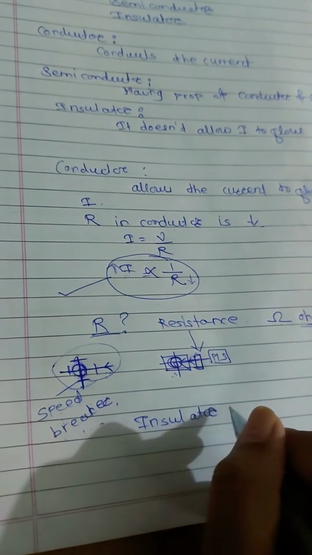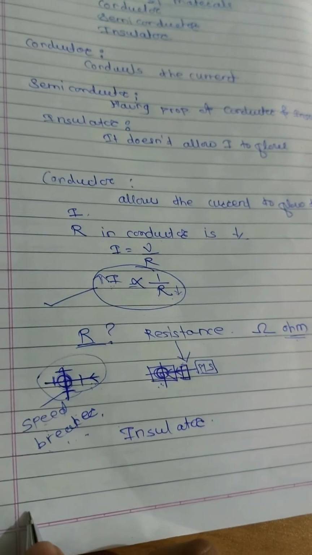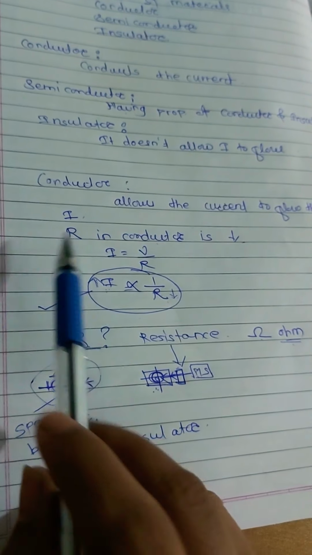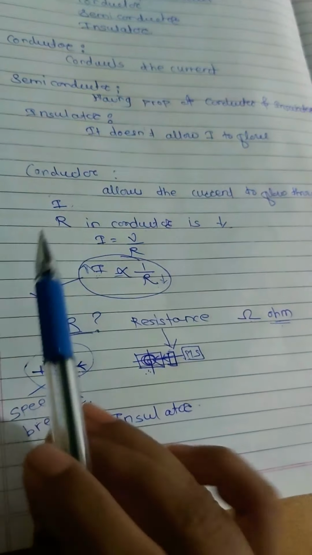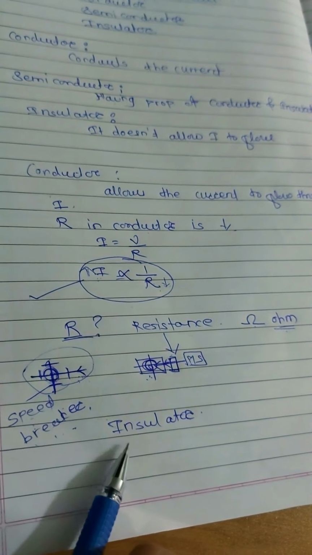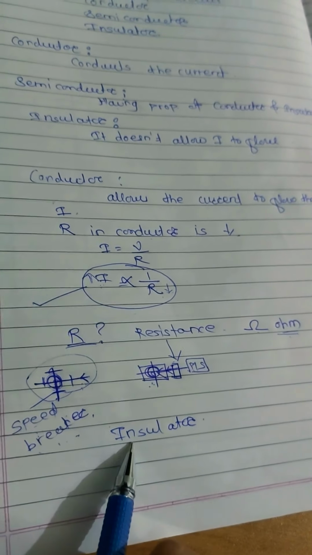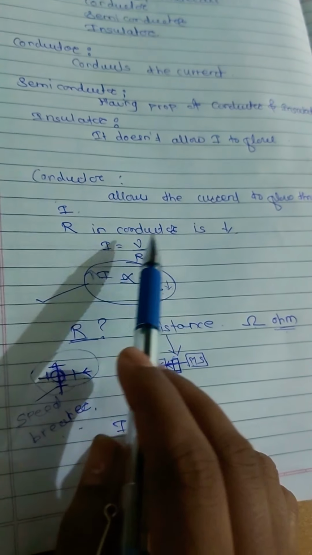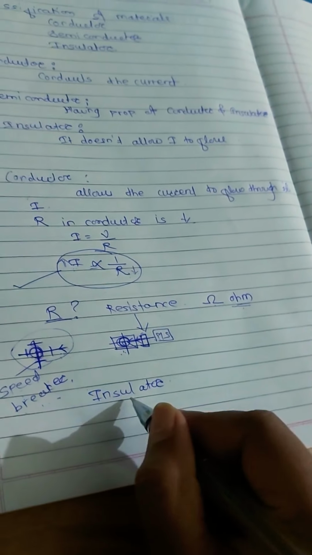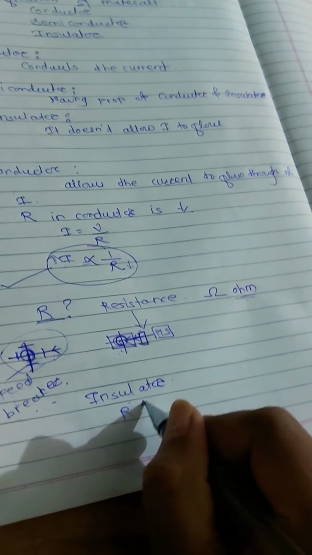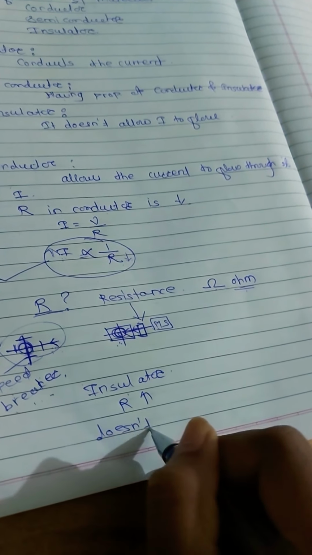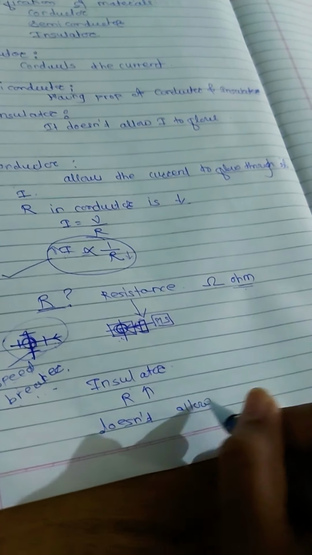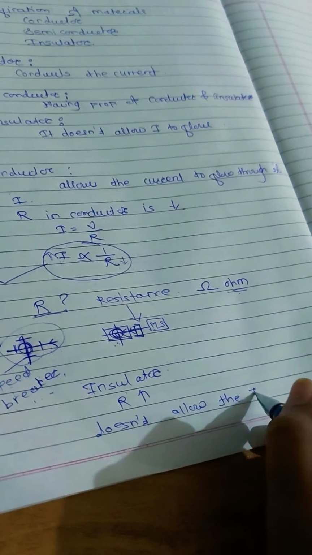As I have told you, conductors and insulators are opposite. If a conductor allows the current, then an insulator does not allow the current. Why? The reverse of it. R in a conductor is low, that's why it allows the current to flow, and in the insulator R is very high, that's why it doesn't allow the current.